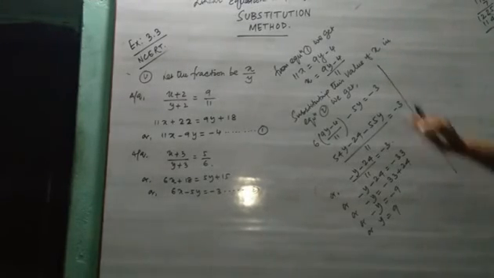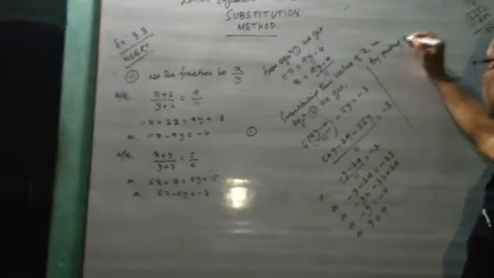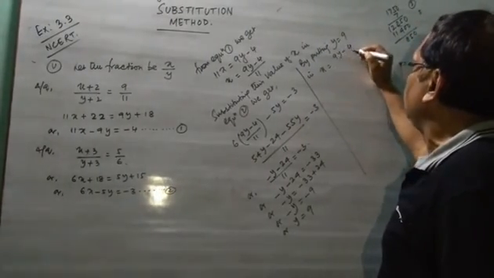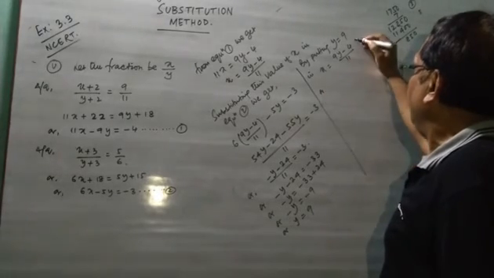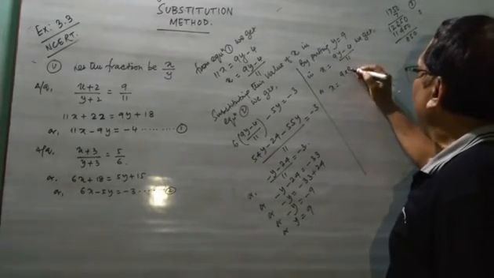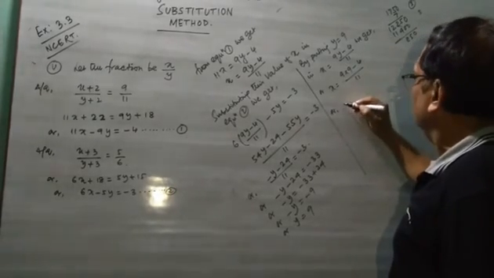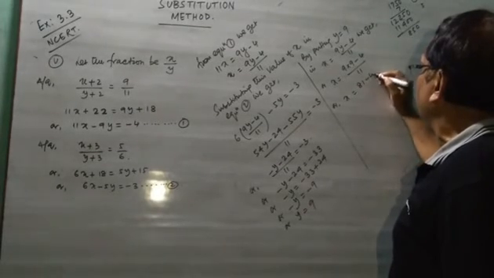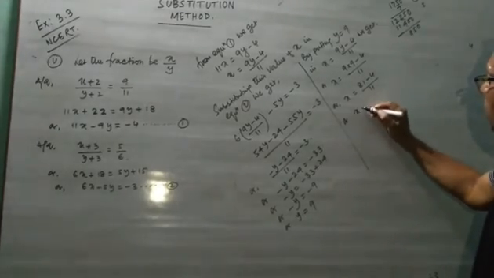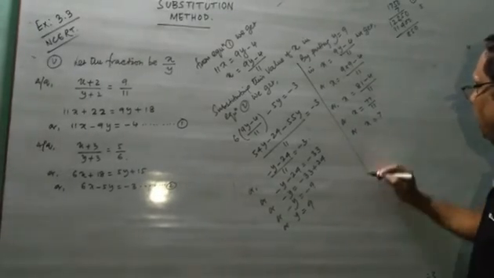We are also required to find out the value of x. So by putting y equals 9 in x equals 9y minus 4 by 11, we get x equals 9 into 9 minus 4 by 11, or x equals 81 minus 4 by 11, or x equals 77 by 11, or x equals 7.